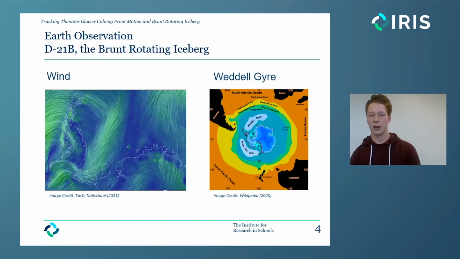We have looked at many factors that may or may not contribute to the rotating behavior. One is wind. We looked at historical weather data from Null School, a weather database that is based on the Global Forecast System. We found that the wind at the time could contribute to the rotating movement of the iceberg.